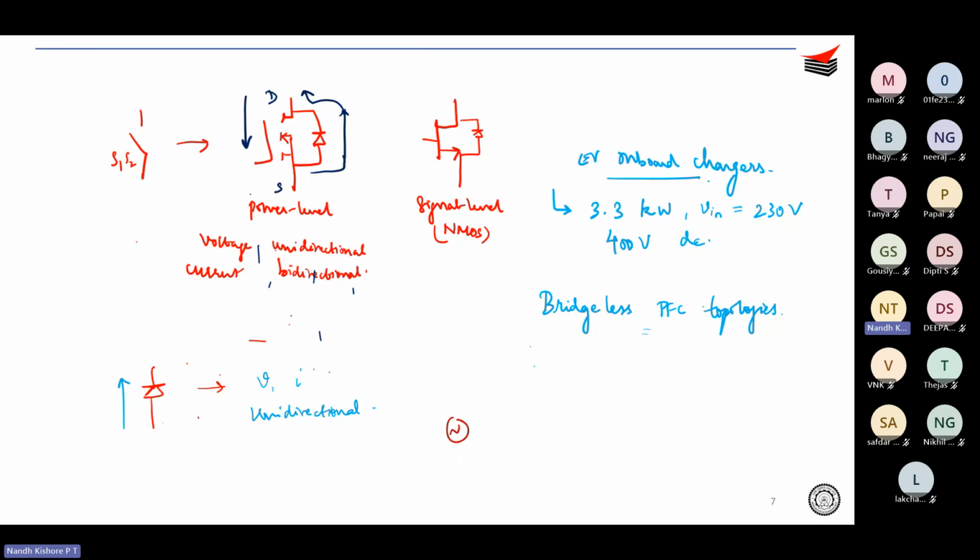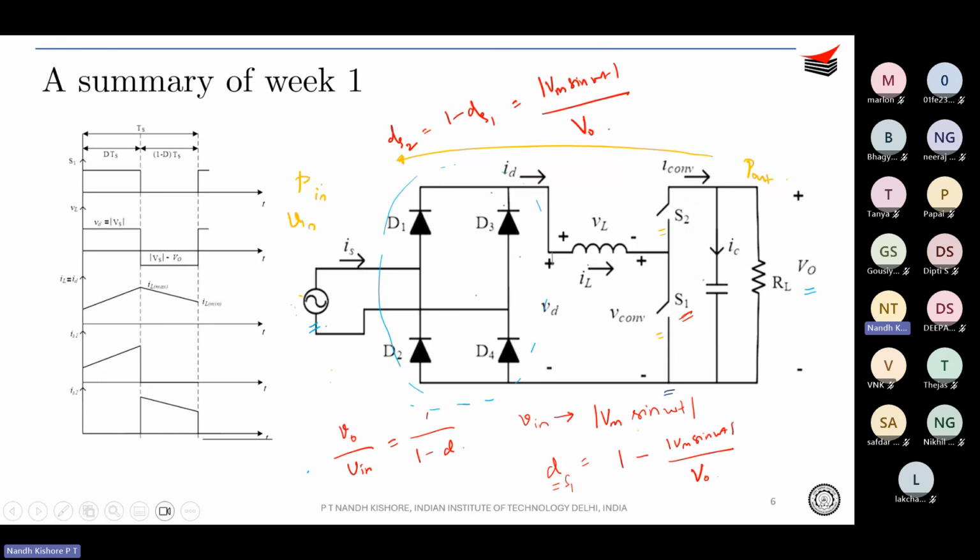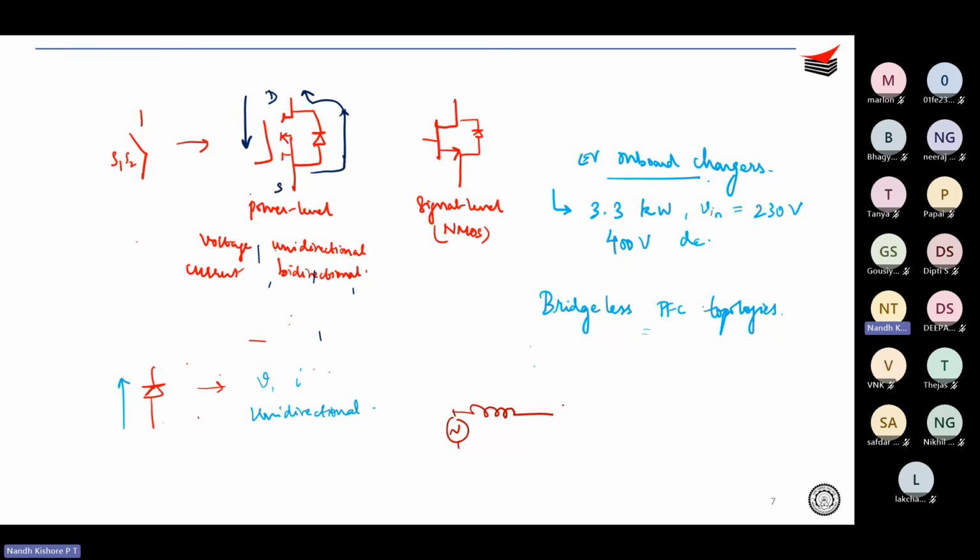So one particular change is that they put the inductor in the AC side itself, instead of having it after the diode bridge. They will have MOSFETs.